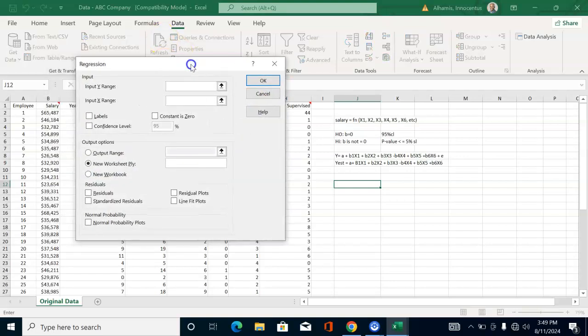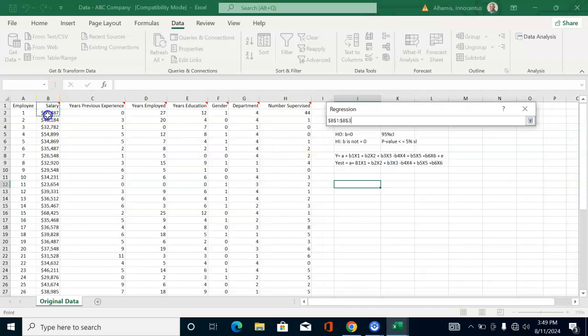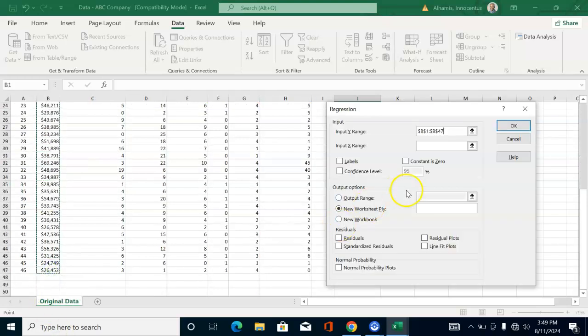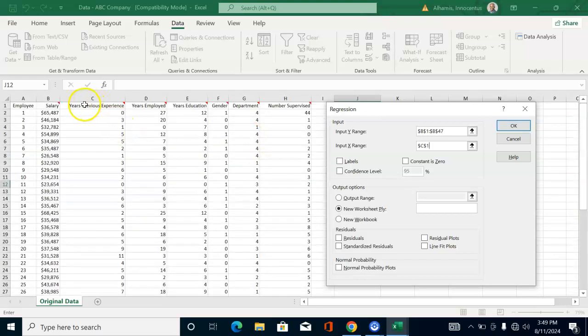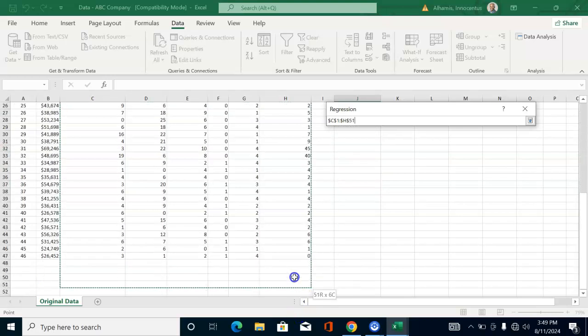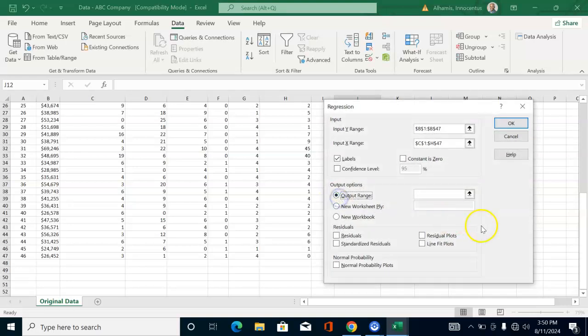And in this case we will consider the Y range as our salary, and the X range now will be not only one variable but all these variables. So I'm going to highlight from the labels, and check here that labels are included. We will still consider a 95% confidence level, and I'd like the output range to be within this page.